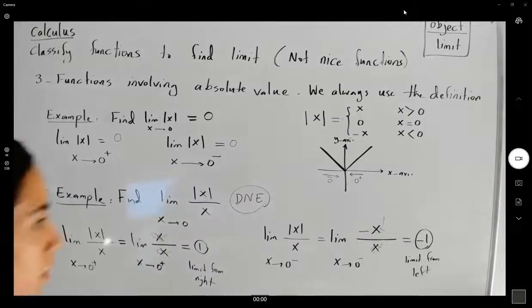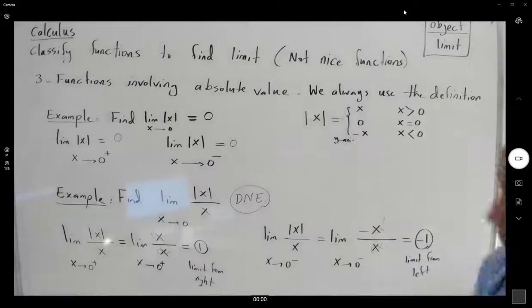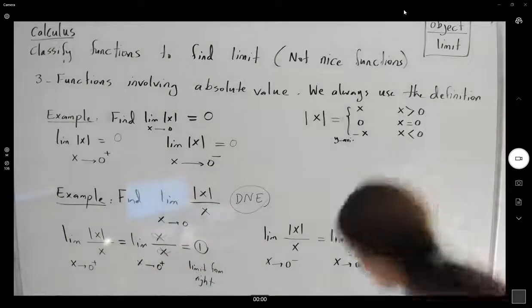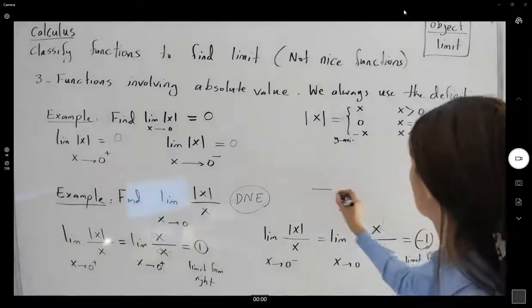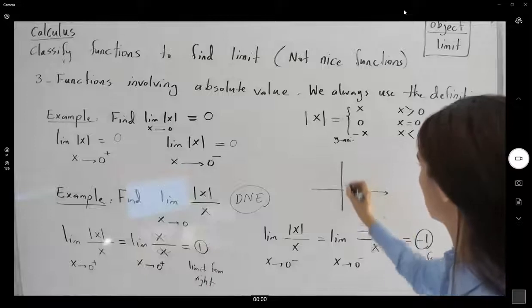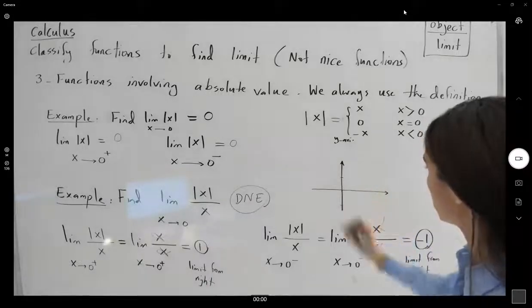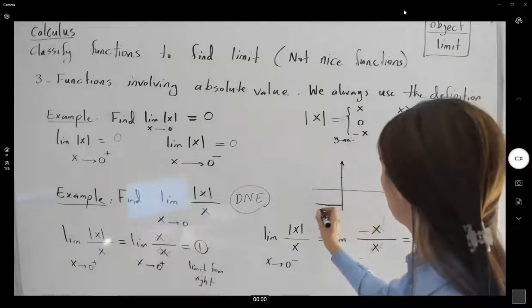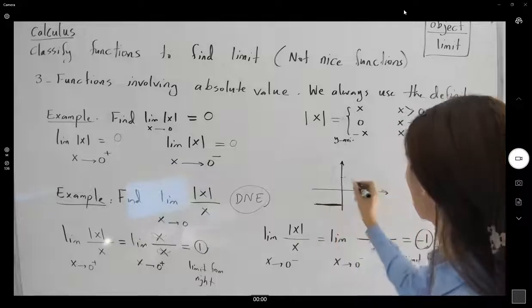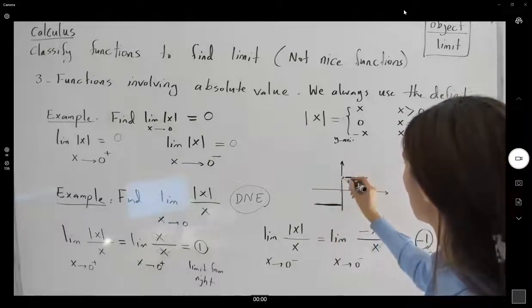Well, what's the graph like? So for this function, if we simplify this, this is what we have. So fixed numbers, 1 and -1. From left, -1. And from right, we have 1. And we have to exclude the 0.